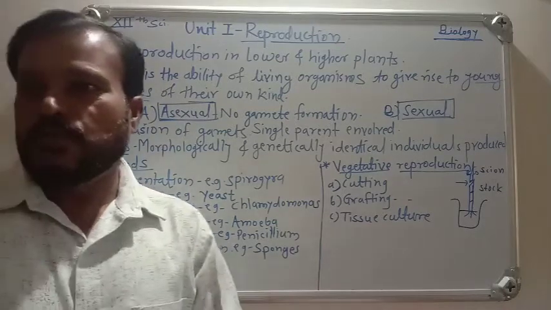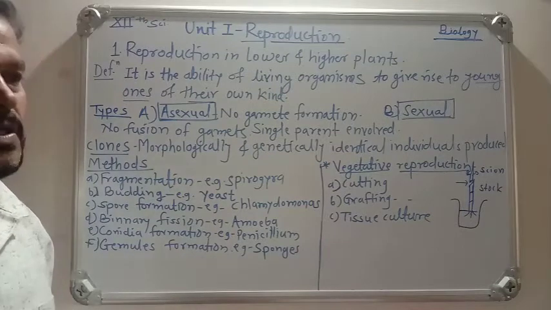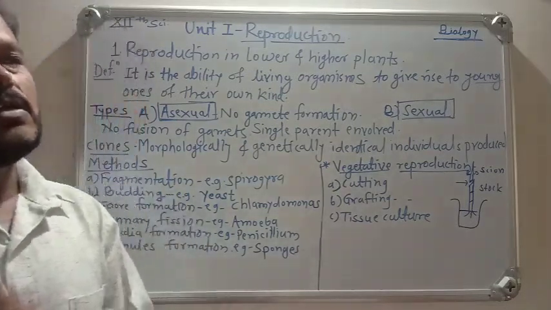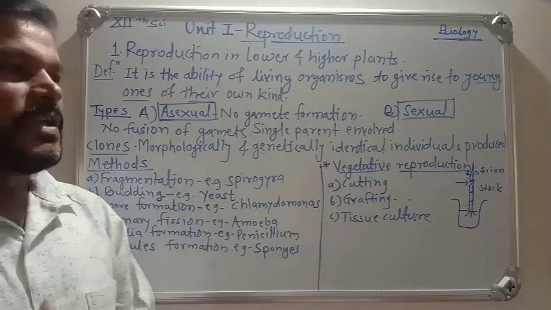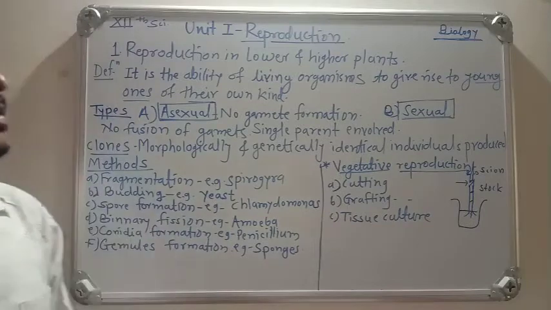I think all of you have purchased the textbook. Textbooks are available in the market. So all of you purchase the textbooks and follow the content and syllabus, and follow the books at the time of lectures going on.